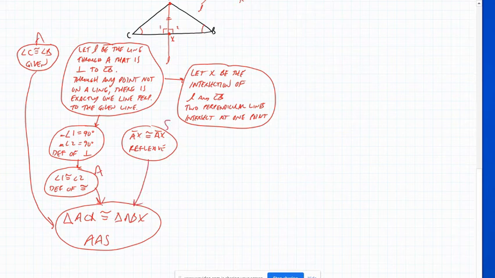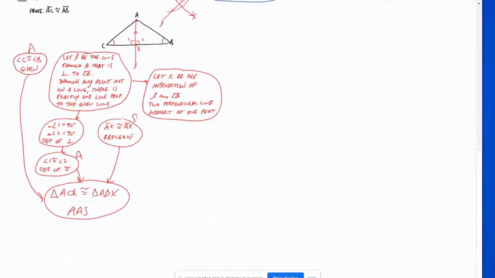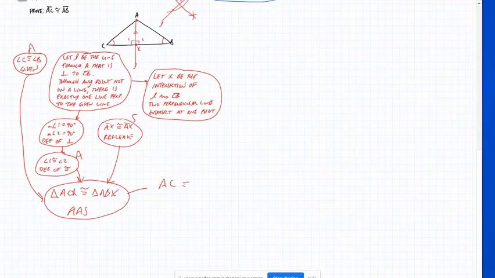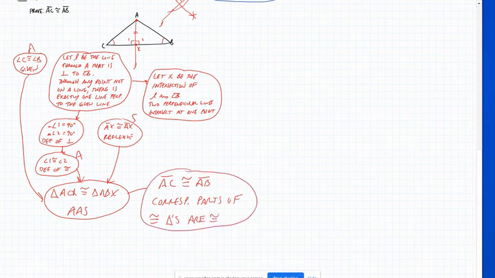So now that the triangles are congruent, we can say AC is congruent to AB because corresponding parts of congruent triangles are congruent. And we're all done.